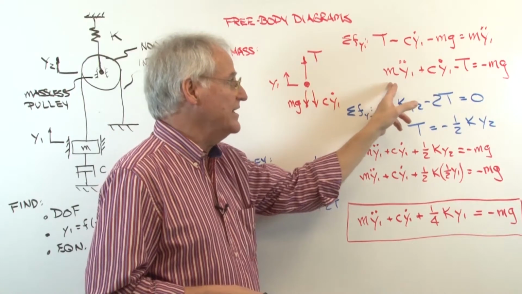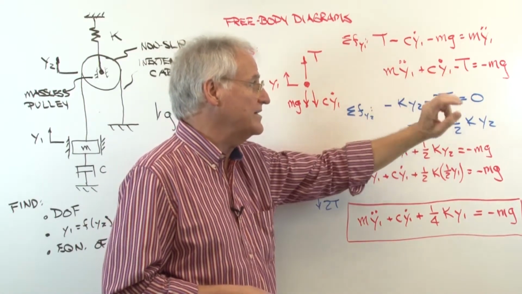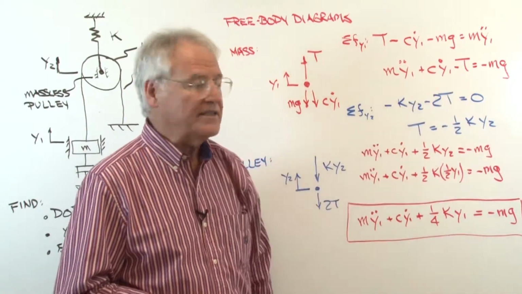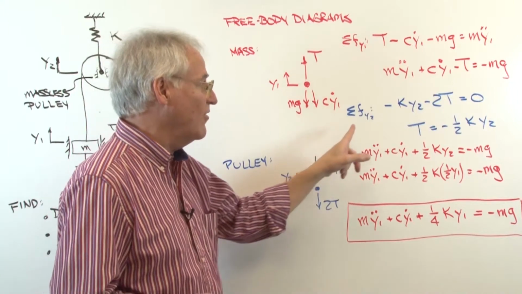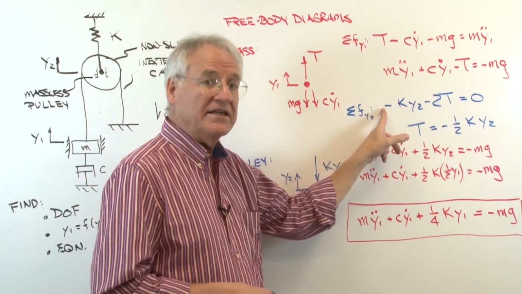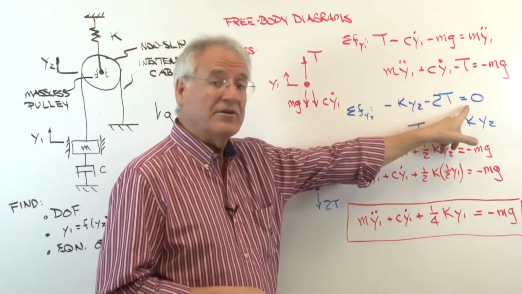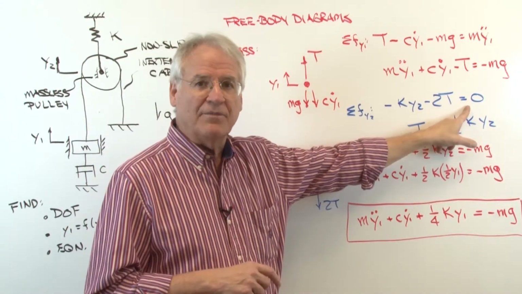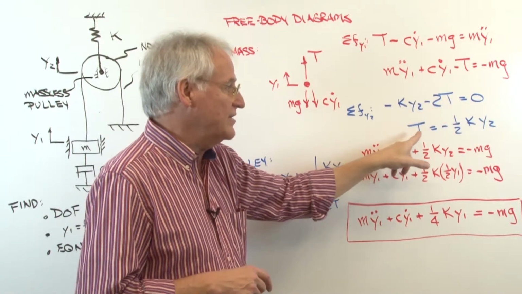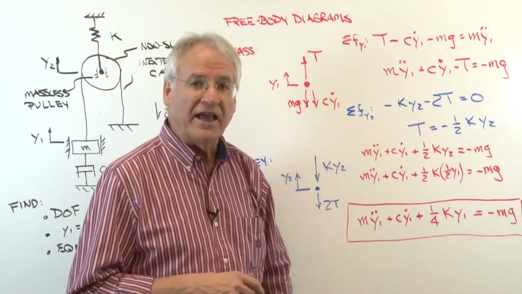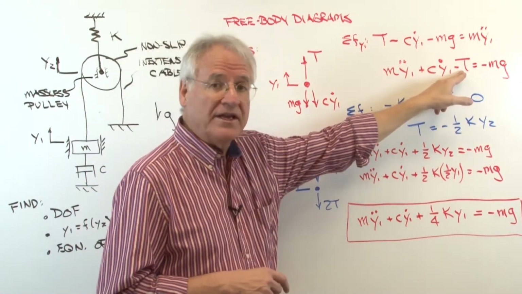Rearranging that, we get this, m Y1 double dot plus C Y1 dot minus T equals minus mg. From the pulley, summing the forces in the Y2 direction, minus K Y2 minus 2T equals 0 because the pulley is massless. Using this expression to solve for the tension, T is equal to 1/2 K Y2. We substitute this back up into here.